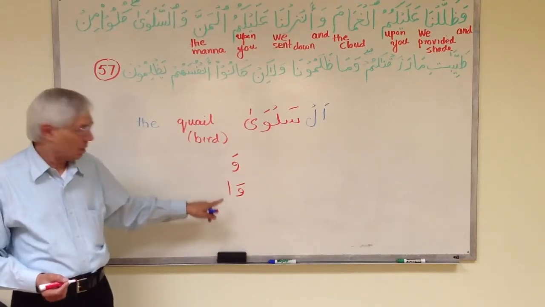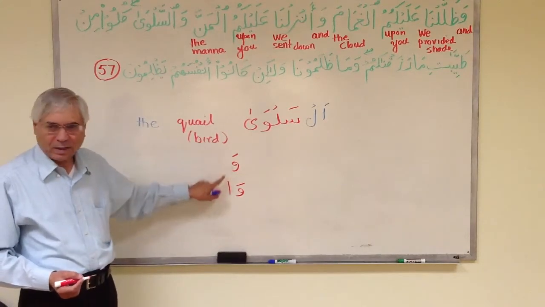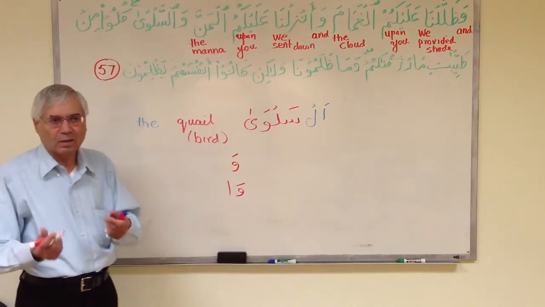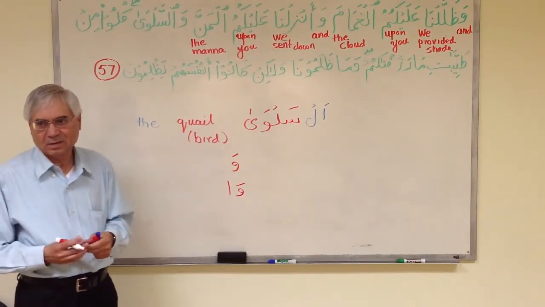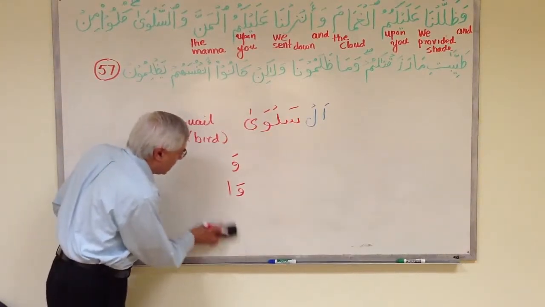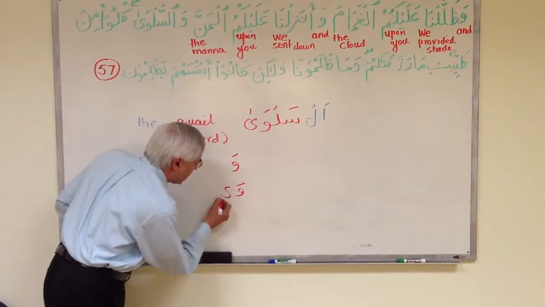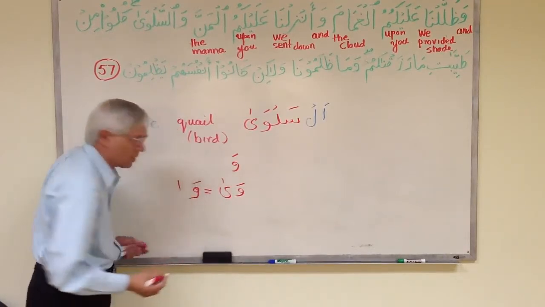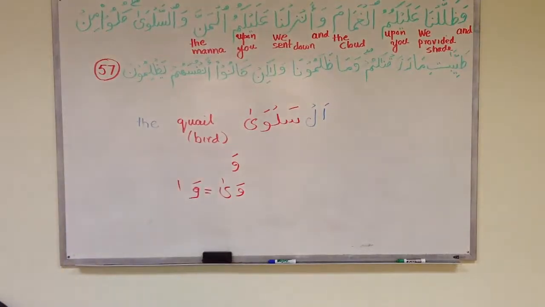This is only short, but this with an alif is long. So you have to stretch this a little bit. Basically, you're not reciting it, you're just writing it. It is the same thing as writing this way, the same thing in pronunciation.